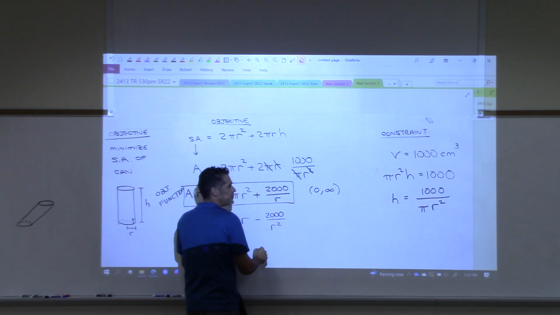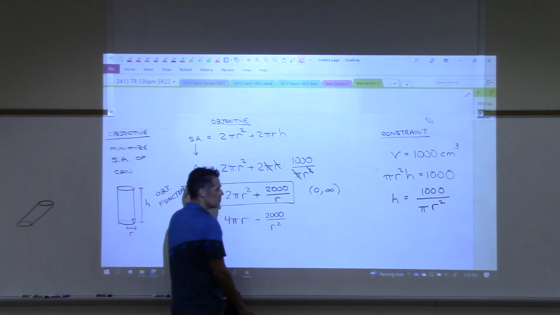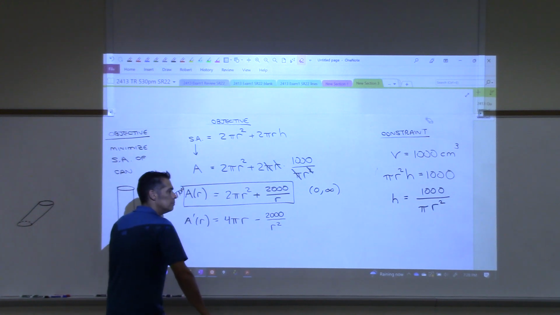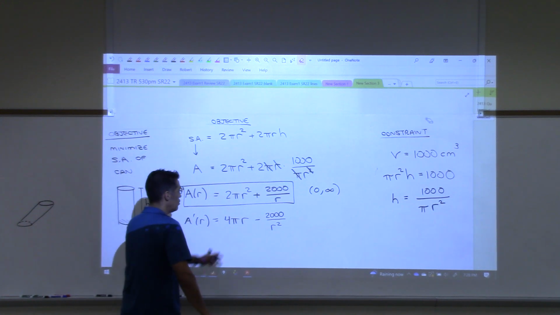Oh, okay, I see. Can you write out the top times the derivative of the bottom minus? I just want to see it. Quotient rule? You want me to do the quotient rule on this? Yes.